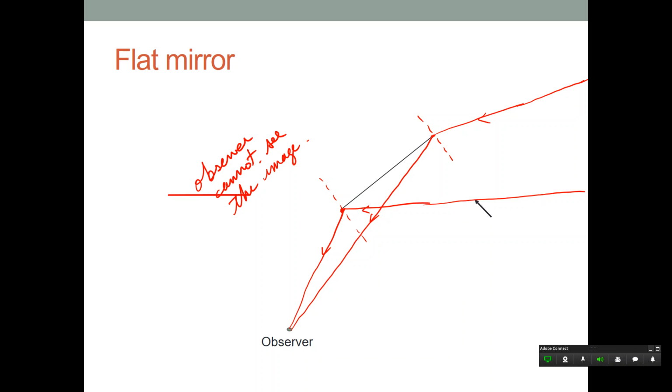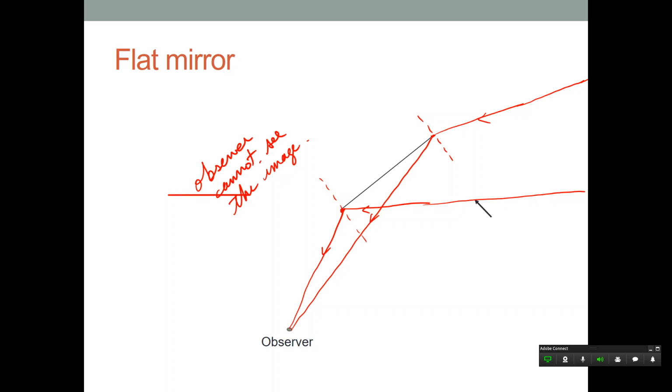And what do you notice? Can I see the object? No, in this case, I confirm that I cannot, right? And this observer can see anything between these two incident rays here. So any ray coming from here, I can see.